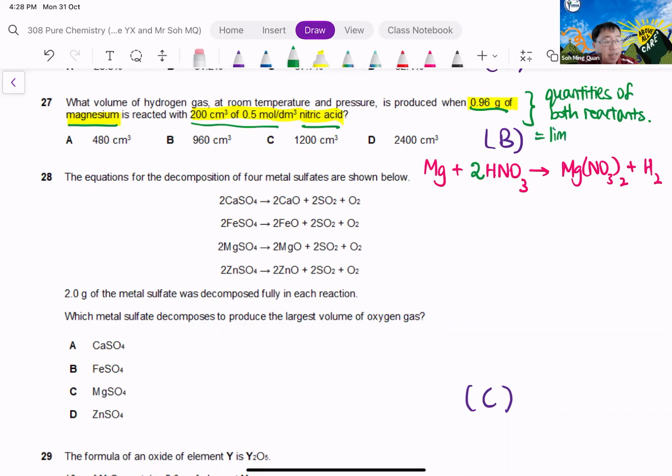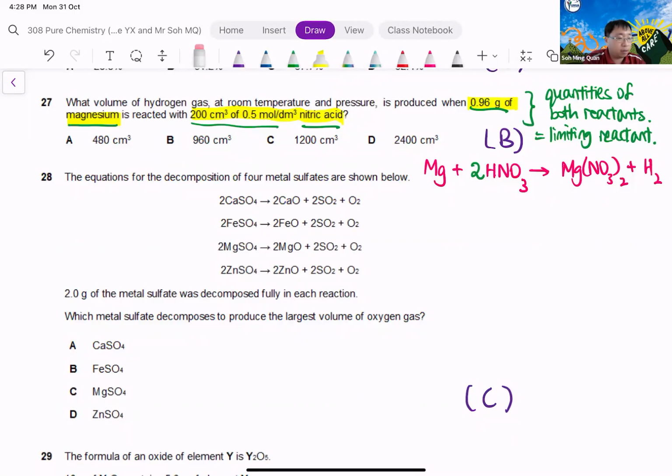This is a limiting reactant question. So that's when you know, okay, this is some limiting reactant thing. So the first step is to convert this to moles. You need to convert this to moles in order to do this question. If you do that, you will realize that one of them will be in excess, the other one is limiting.